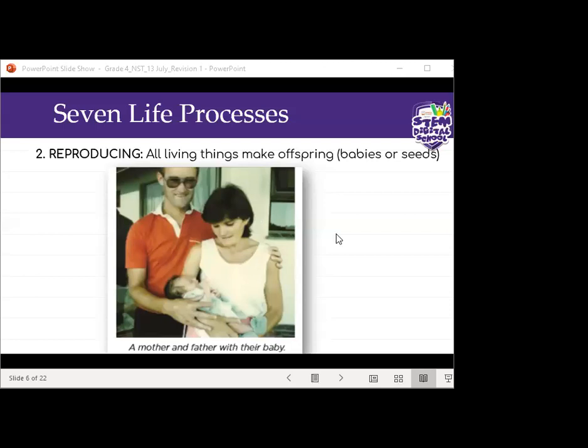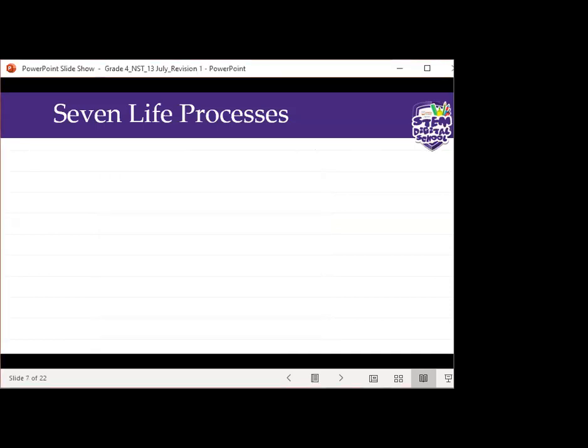Okay, so let us go to the next life process, and that is sensing. And Taran also just told us about the sensing life process. In sensing, we say that all living things respond to any change that they sense. Okay, all living things respond to any change they sense.